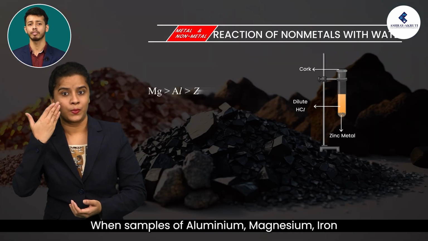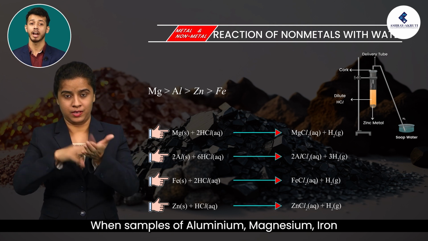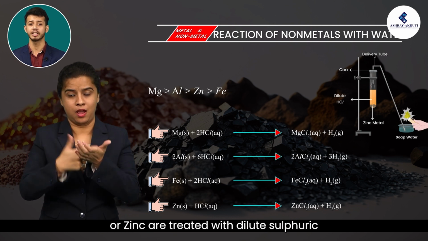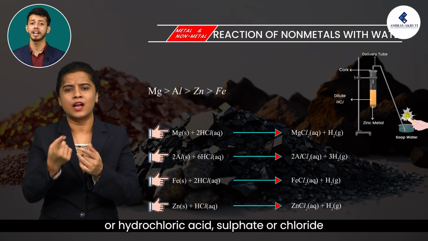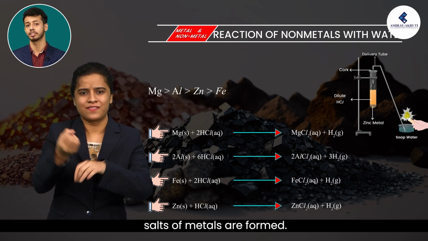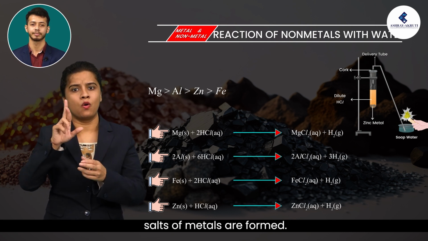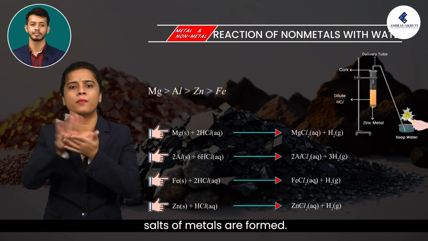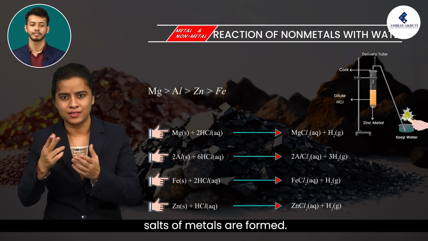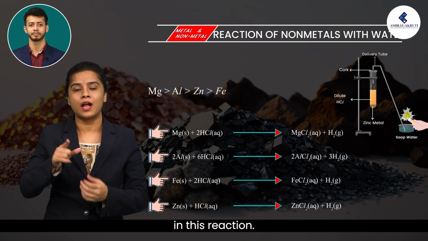When samples of aluminium, magnesium, iron or zinc are treated with dilute sulfuric or hydrochloric acid, sulfate or chloride salts of metals are formed. Hydrogen gas is liberated in this reaction.